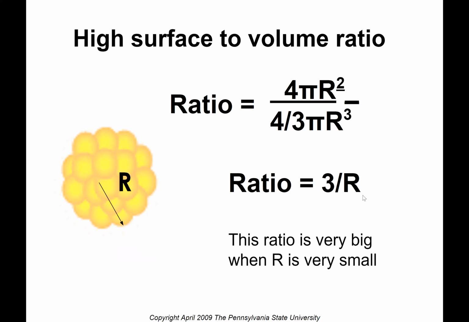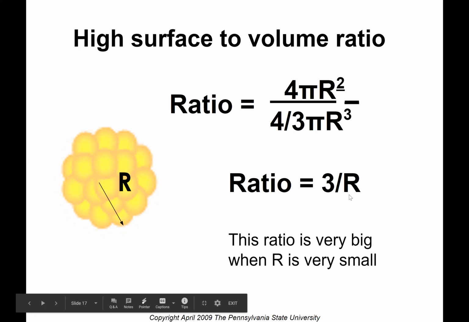If your particle is nanosized, it'd be like 3 divided by 1 times 10 to the negative ninth, right? Which is a nanometer. This would be a number of like 3 times 10 to the ninth. So 3 billion, the surface to volume ratio. So the ratio is very big when r is very small.